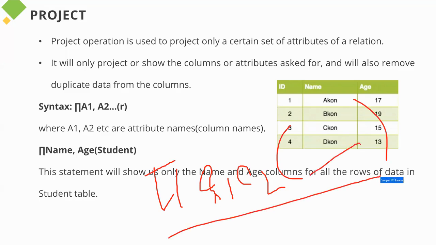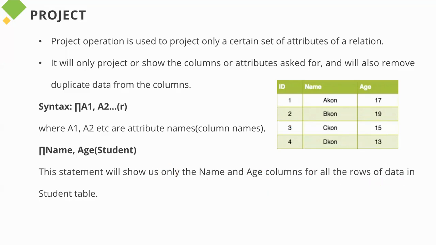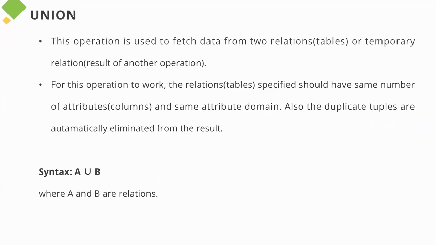So A1, A2 are the attribute names, and R will be the relation. If I say pi of name, age from the table student, I'll get the values of name and age. That is how project works. We cut down the columns. This is used to retrieve only particular columns.